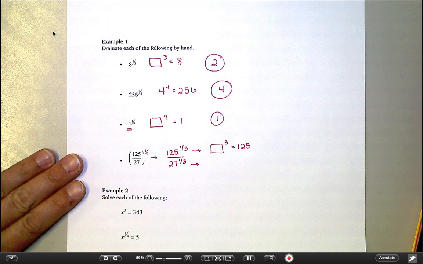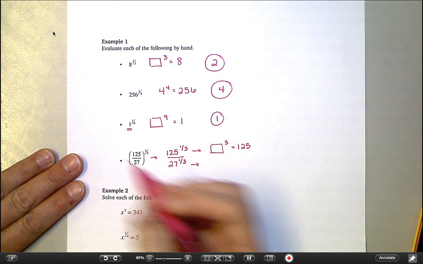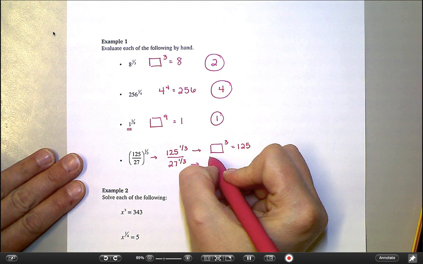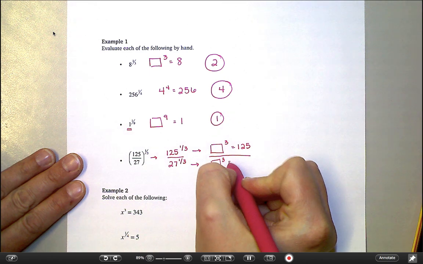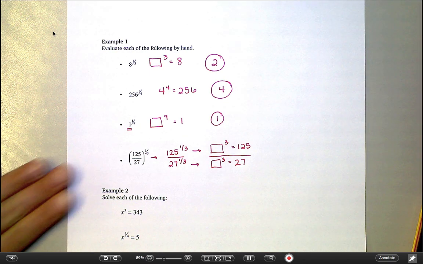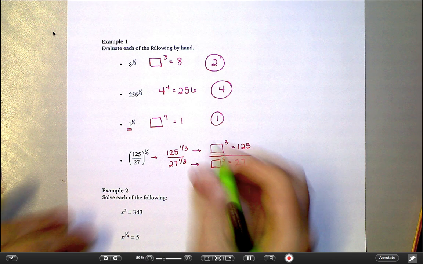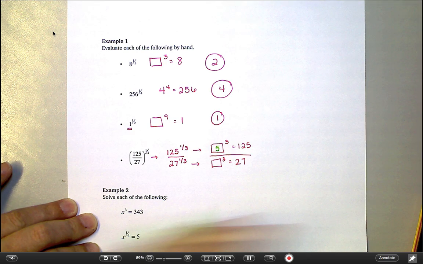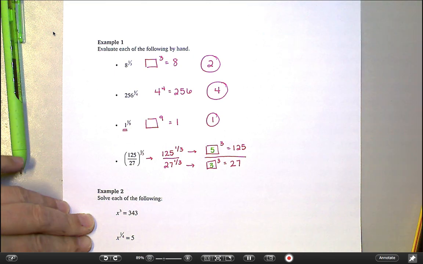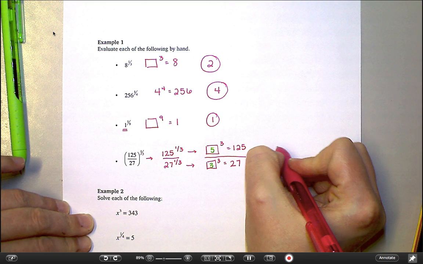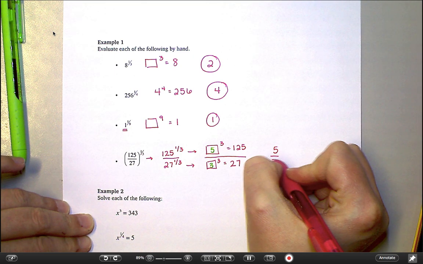If you don't know it, it's okay. I hope you could at least venture a guess and then maybe check it with a calculator. And then also what to the third power makes 27. Okay. Well, 5 to the third power makes 125, and 3 to the third power makes 27. So for my final answer here, I would just say 5 over 3.